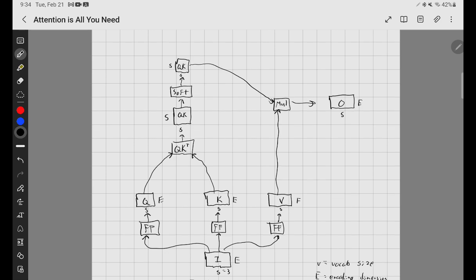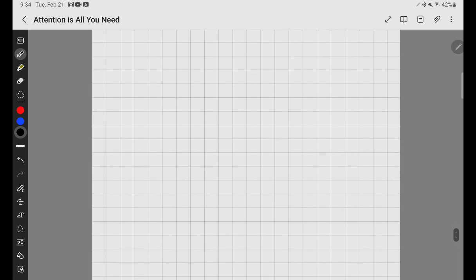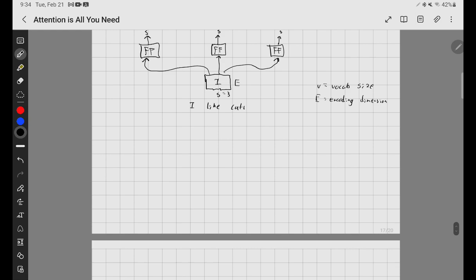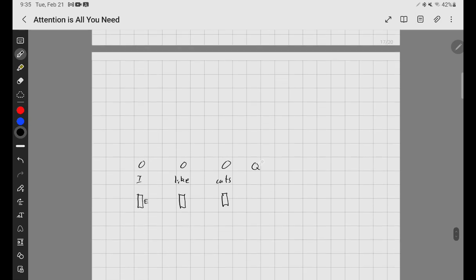So why are these called queries and keys and values? Our queries and keys can be represented as 3 points. So this will be "I", "like", "cats", and each of these is just a vector of shape E. So 3 by E, just like we have here. This will be our keys, and then we have our queries up here.